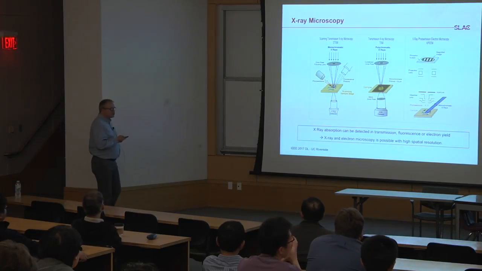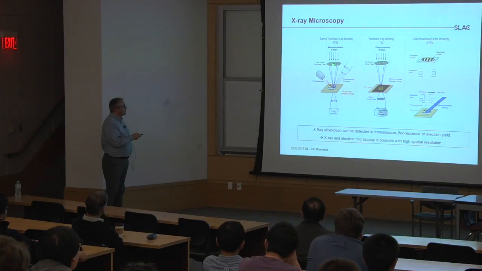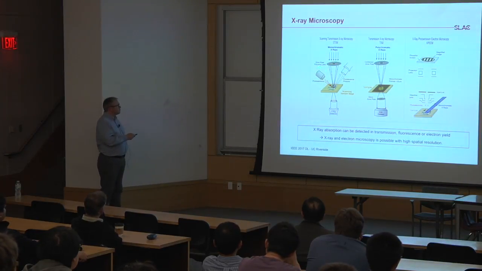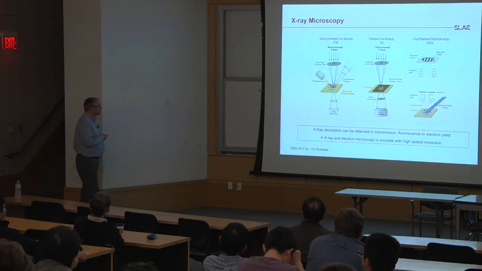And without going too much into detail, instead of regular lenses, we are using Fresnel zone plates, which is essentially like an alternating array of circles that are either black or transparent. So it's a diffractive optic where you then generate a focus at a certain distance. This distance is a couple of millimeters from your sample.